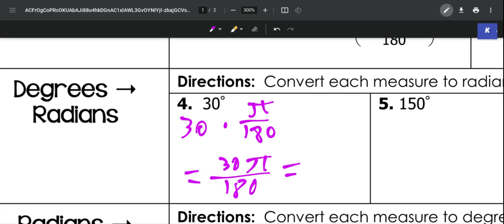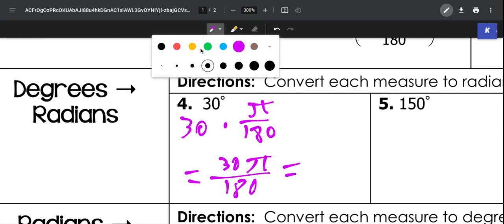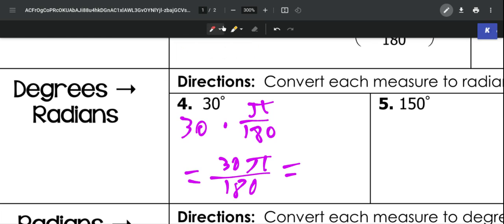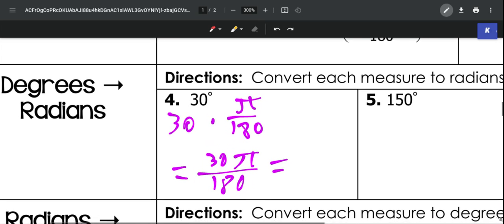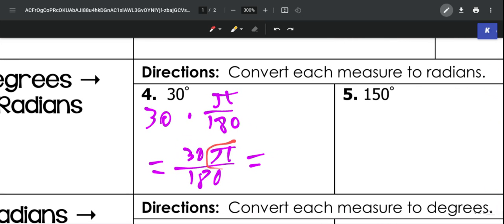In some cases you may, but right now we're not going to be plugging in anything for pi. We're just going to leave it as pi. So all we need to know here is, what is 30 over 180? Does that reduce down to anything? It would. It would reduce down to 1 over 6. We're going to keep pi on the top, so it would be pi over 6. So 30 degrees in radians is pi over 6.